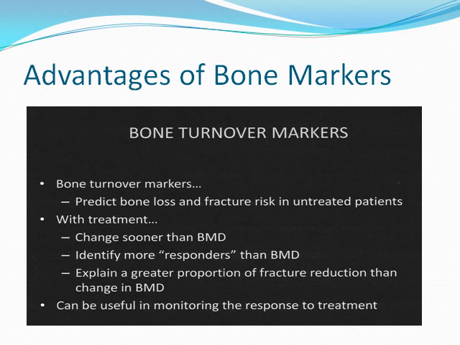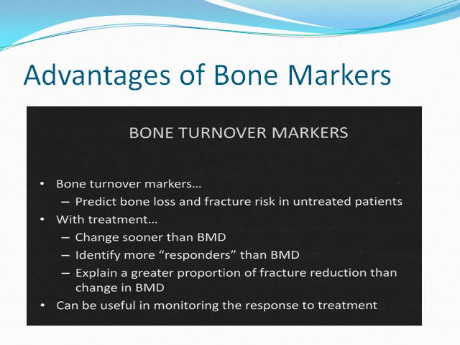And the bone turnover markers actually explain a greater proportion of fracture reduction than the change in bone mineral density. And you can see this change in bone markers within a couple of months, whereas you might have to wait a year or two to see a change in bone mineral density.